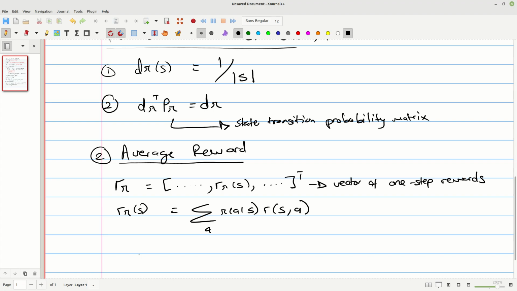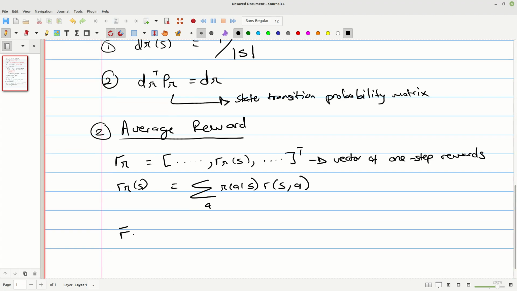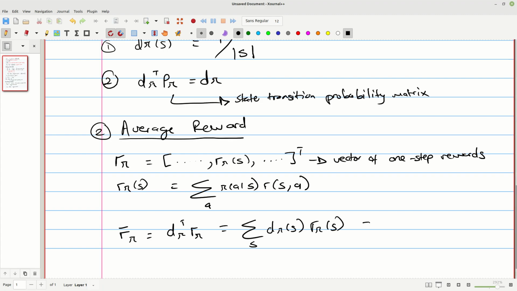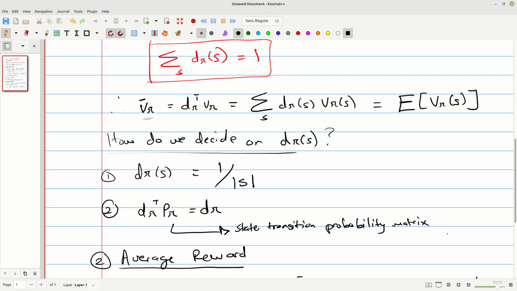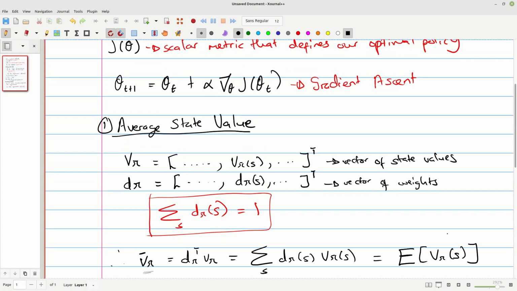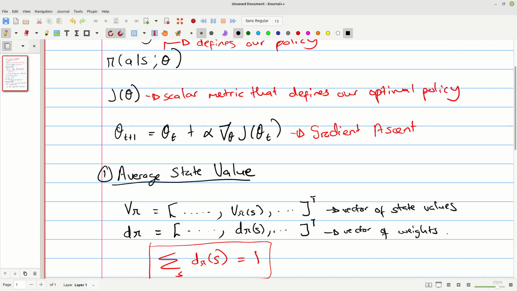Our final metric itself will look like this: r pi is equal to, again, our weights that determine the importance of being in different states, so the summation over d pi of s times r pi of s, which is equal to the expected value of r pi of s. That's all this is. So that's another metric that we can use to maximize in this case.